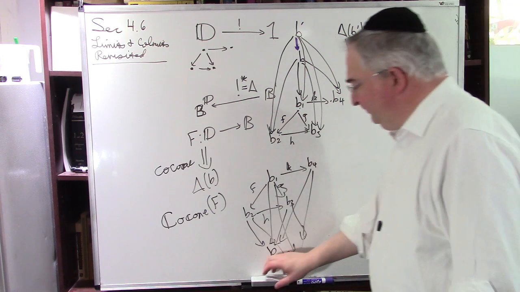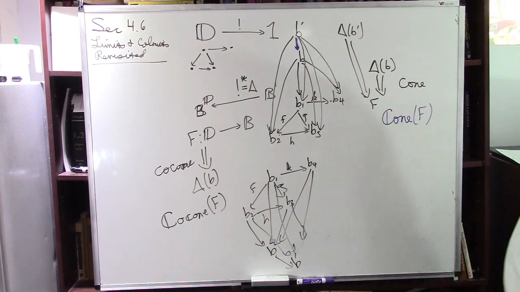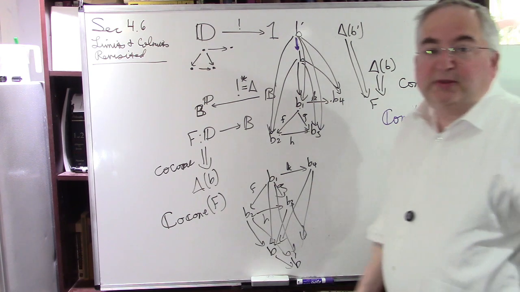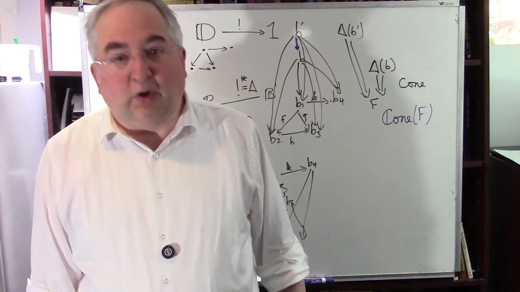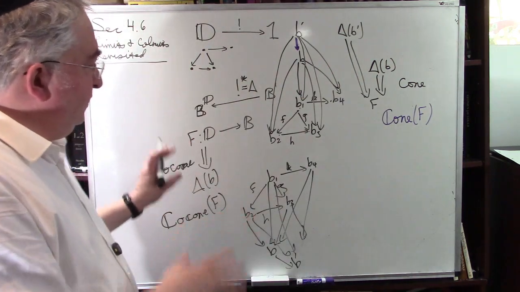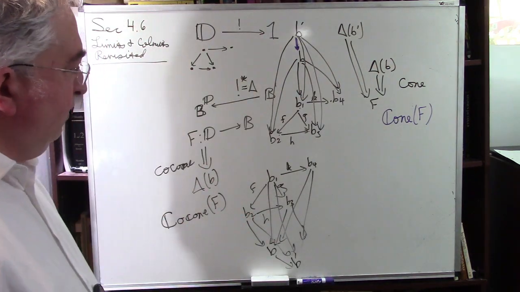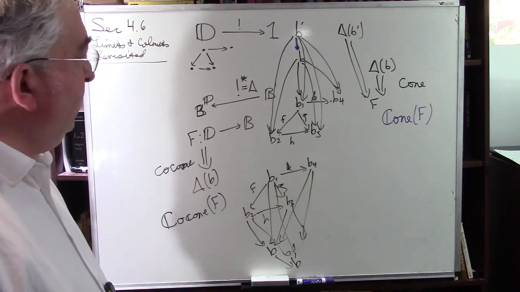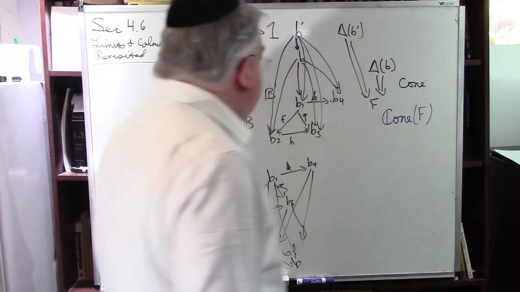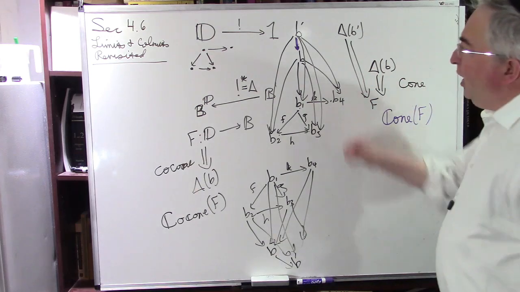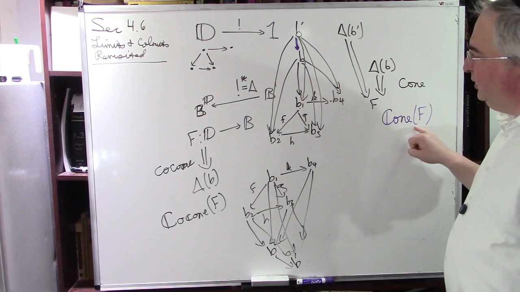Very nice. So we've turned the whole thing upside down. Now let me tell you what a limit is, and what a colimit is. I'm going to show it here, and then we'll see this again. Ready? A limit is a terminal object in this category.